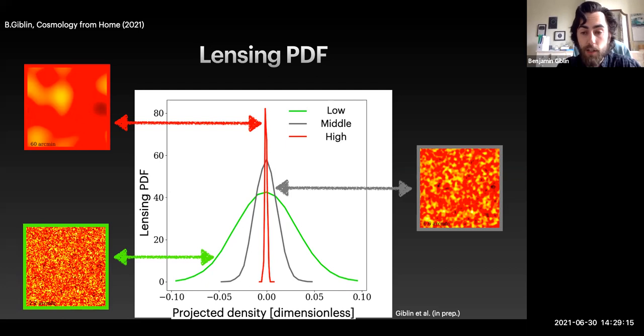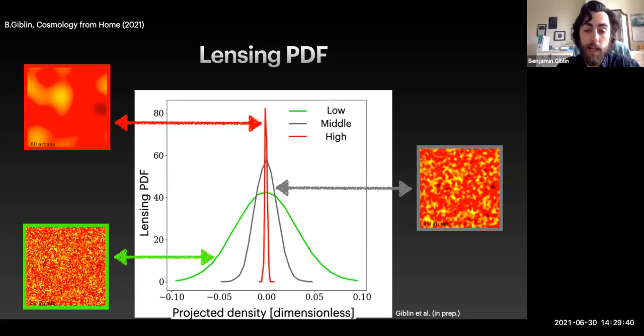You can then see how this changes as you calculate the PDF from maps with progressively less smoothing. And this results in PDFs that are progressively broader. So these different PDFs are extracting cosmological information from different physical scales.